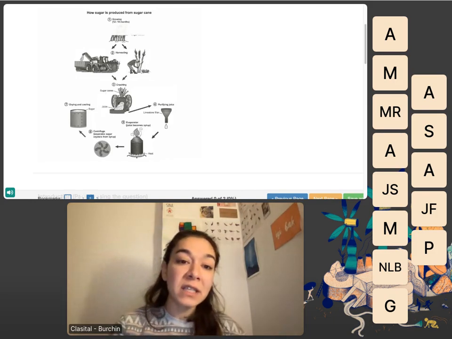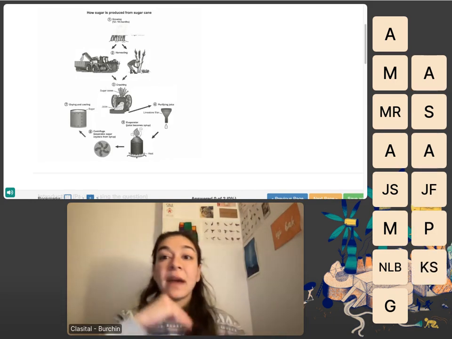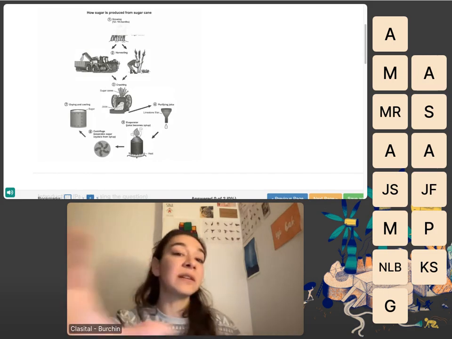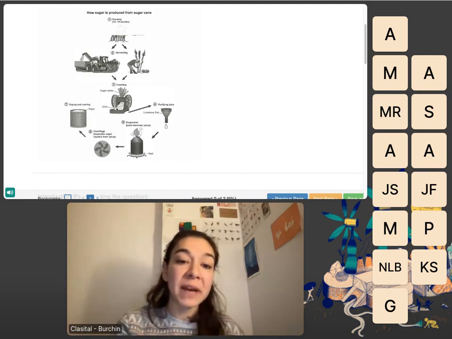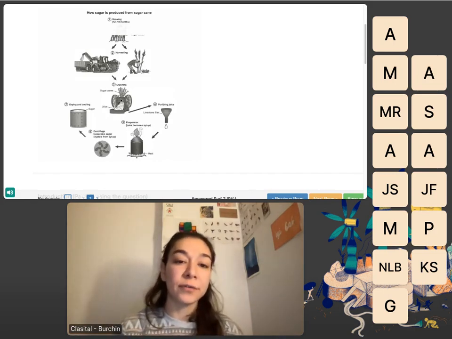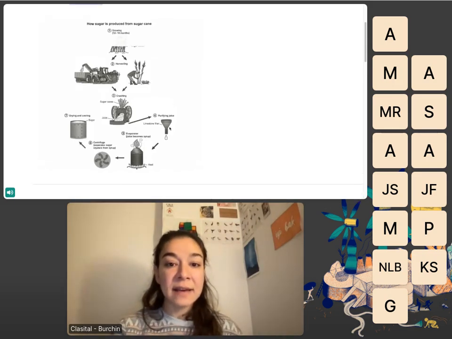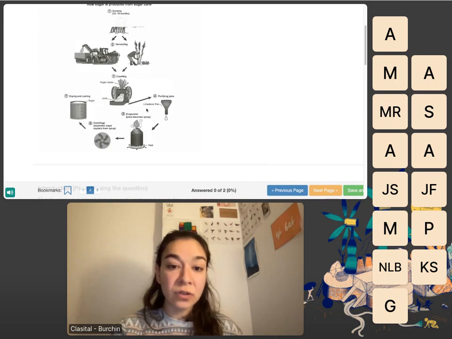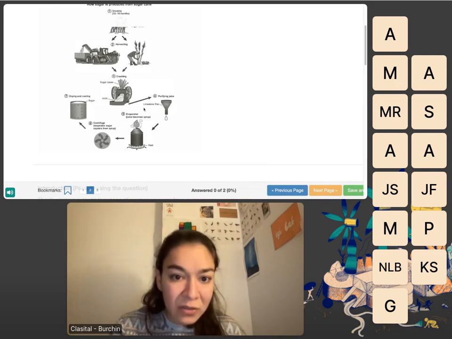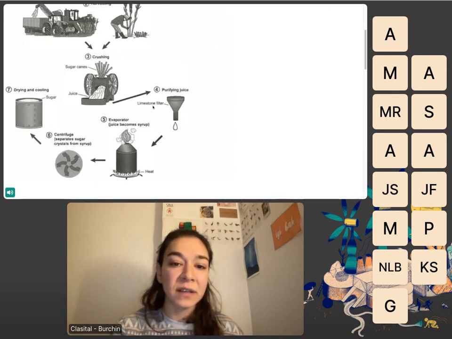Then they are crushing the sugar canes. As you can see, I'm just using the words from there to make juice out of the sugar canes. Then they are purifying that juice with a limestone filter.